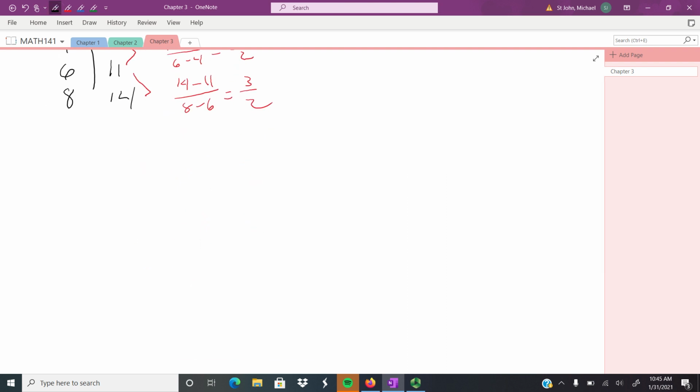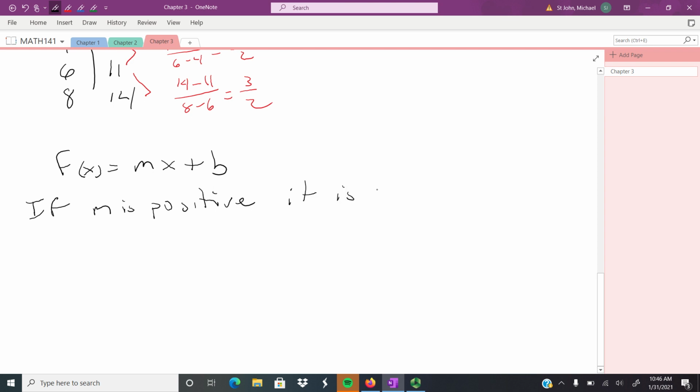Again, given my equation, f of x equals mx plus b, if m is positive, then it is increasing, and if m is negative, it is decreasing.